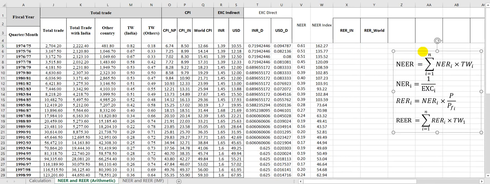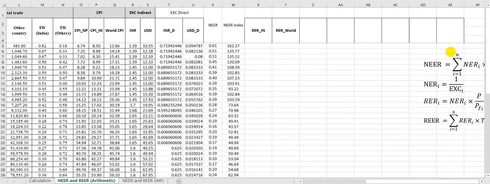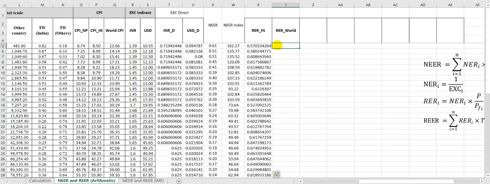I will drag this formula, and let's recall it. It's NER times the price of Nepal divided by the price of foreign, which in our case is India. Let's double click on it.